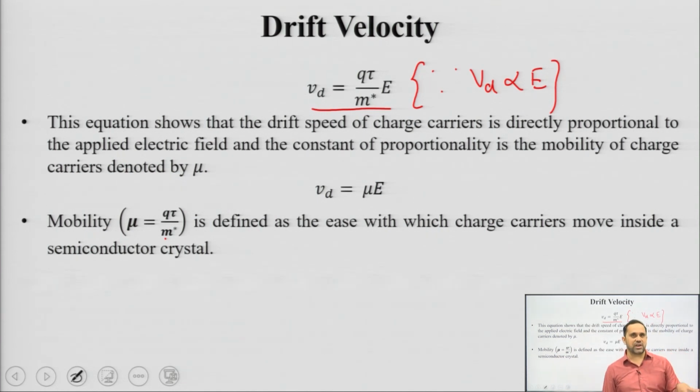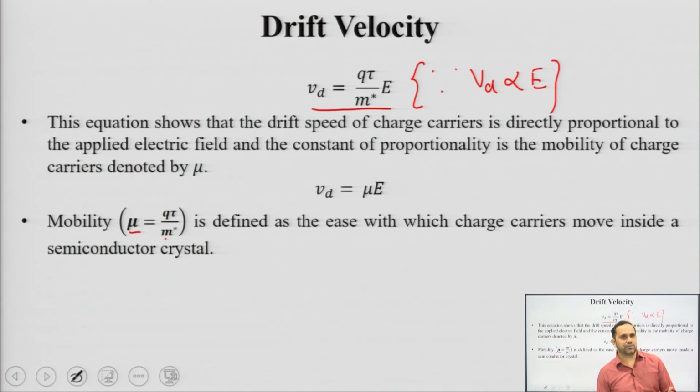The curvature of energy band diagram basically decides the value of effective mass. So, higher the curvature, steeper the energy band diagram, lower will be effective mass, which means in such devices you are going to have high mobility, and mobility by definition is a physical parameter which measures the ease with which charge carriers move inside a semiconductor crystal.